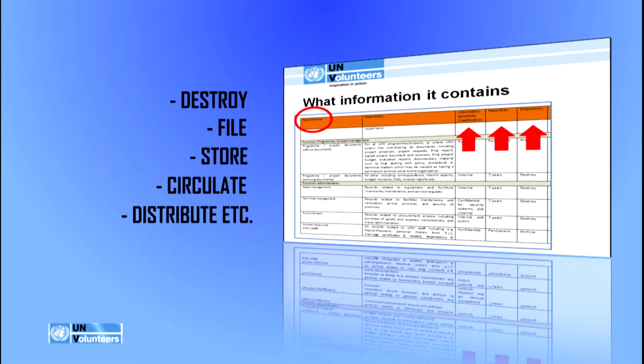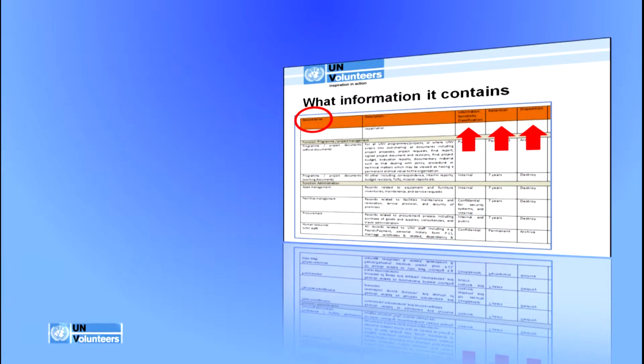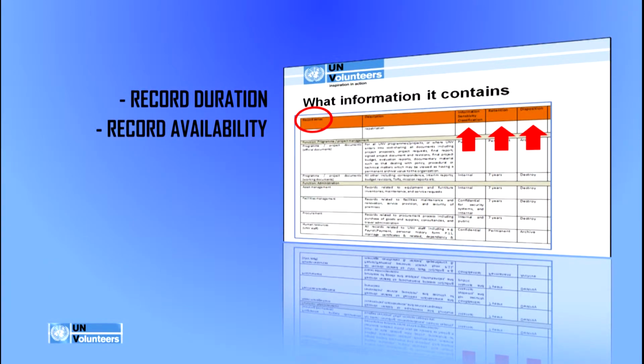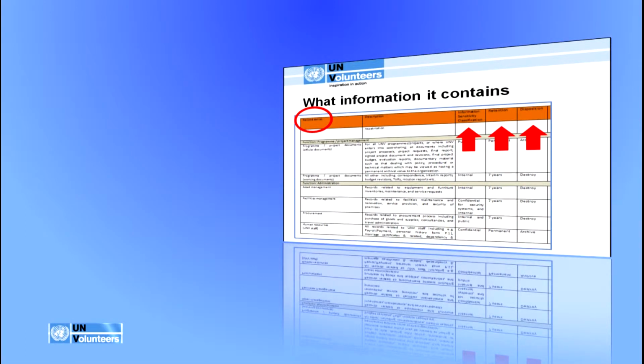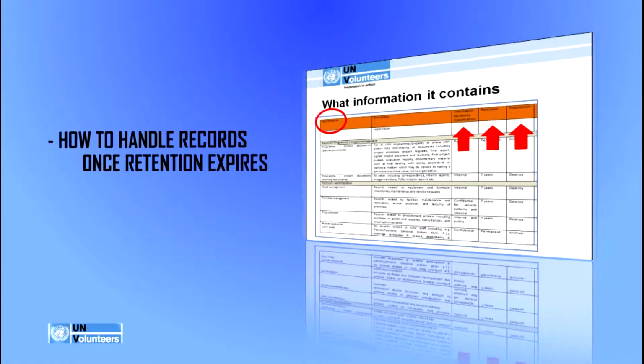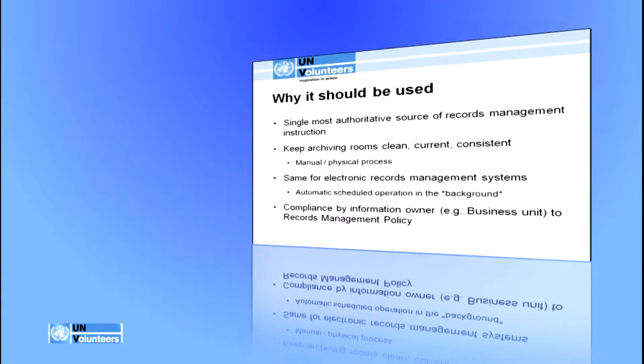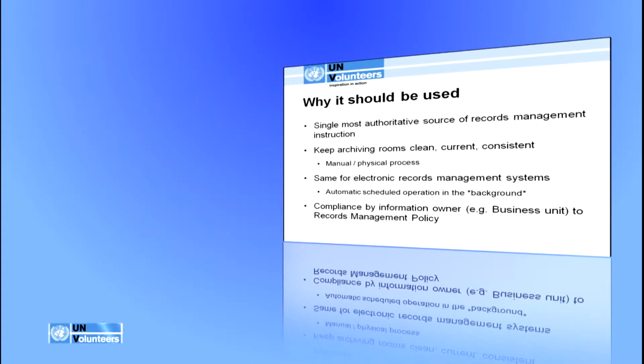In the column retention, expressed in number of years, is stated how long the record in question must be kept within the office or be available within the respective system to authorized users. In the column disposition, for the record in question is stated what to do with the record once the retention term expires.